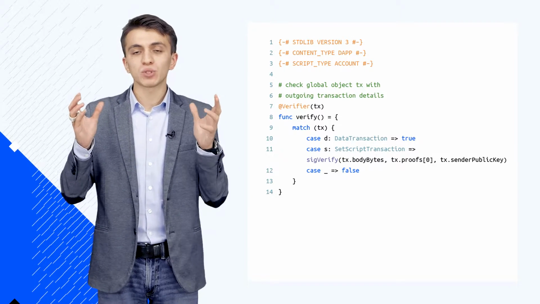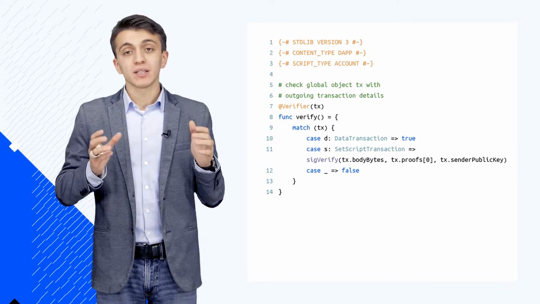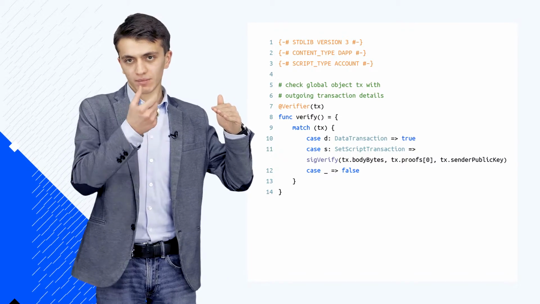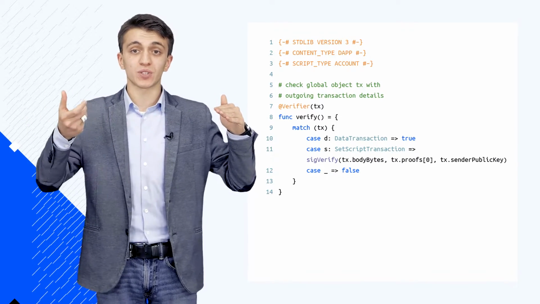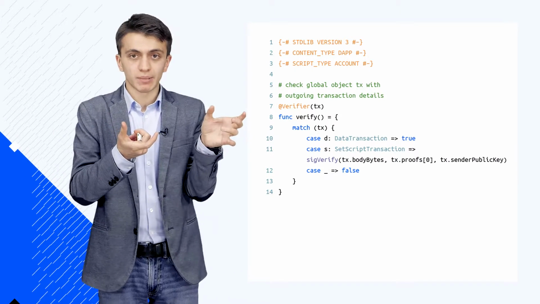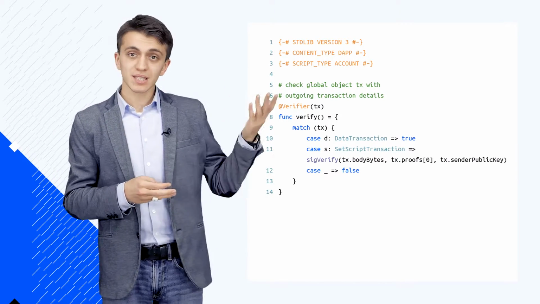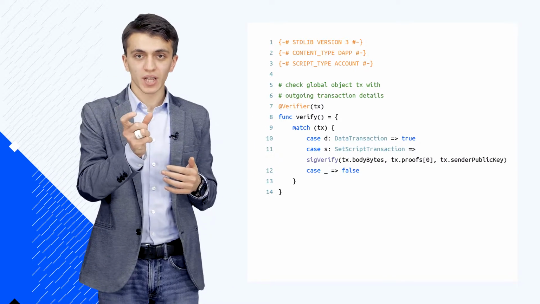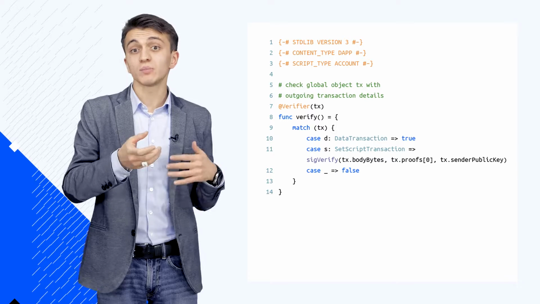We store there up to 8 signatures. So in the smart contract code, we can check that one element from this proofs array is a signature by this public key. In this case, we will say that the first element of the proofs array should be a signature from the app owner.